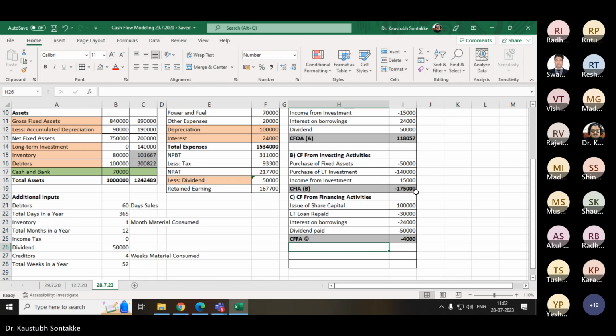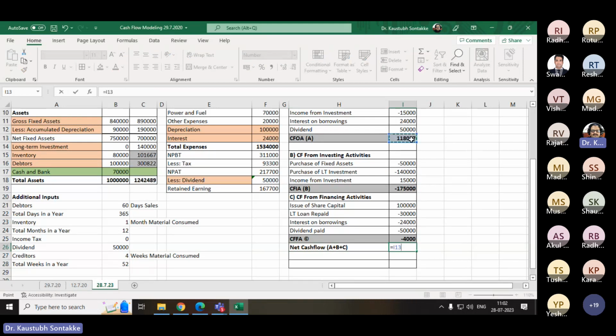Now A, B, C, we will make the total, that is net cash flow. Net cash flow is A plus B plus C. So take A, that is I13, plus B, that is I19, plus C. What happened?